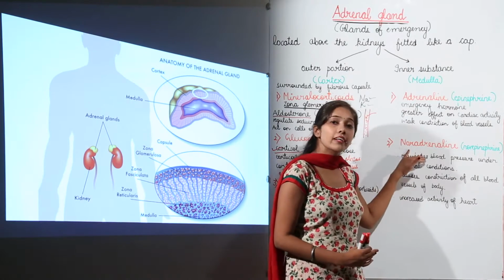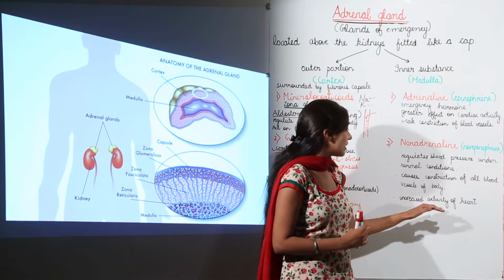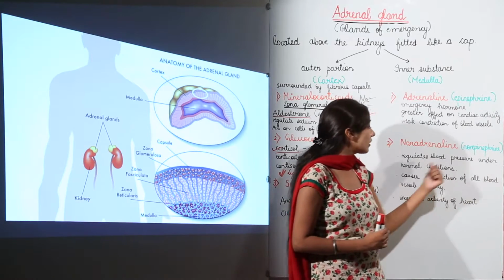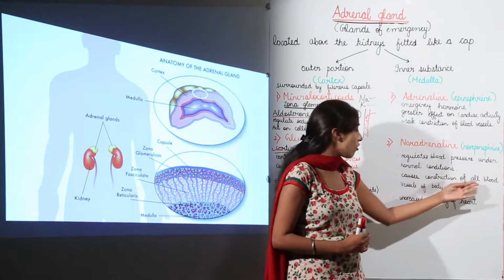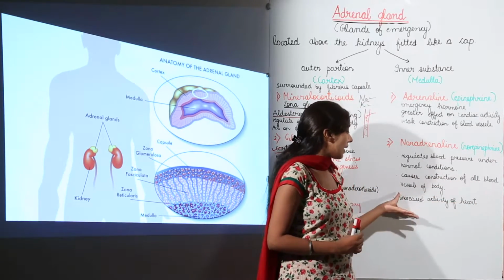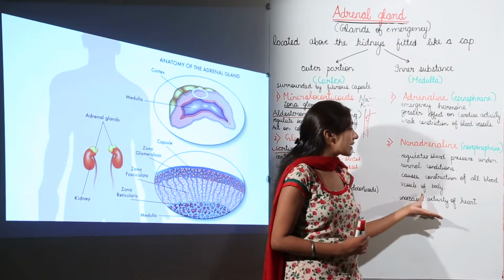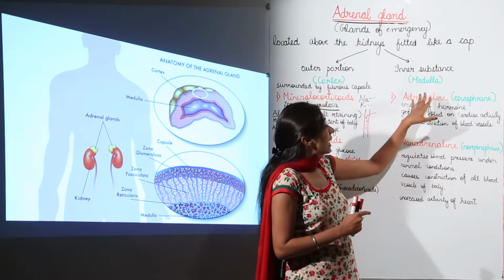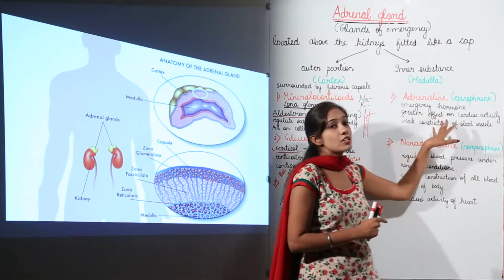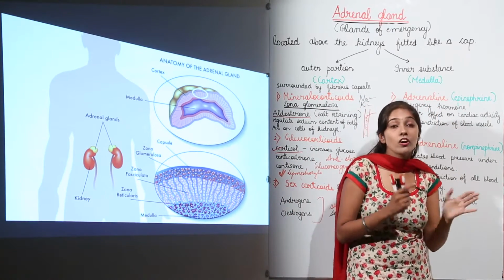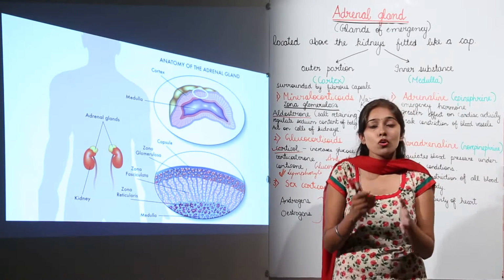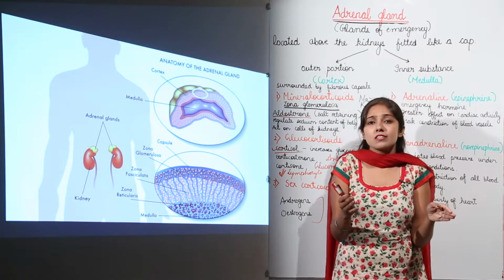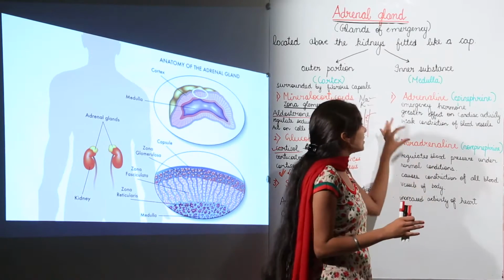Now what does noradrenaline do? Let us just read this. It regulates blood pressure under normal conditions. It causes constriction of all blood vessels of the body, and it leads to increased activity of the heart. But remember, in this case, adrenaline has a greater effect on the cardiac activity, on your heart. So there are no major differences, but the difference lies between these two points.